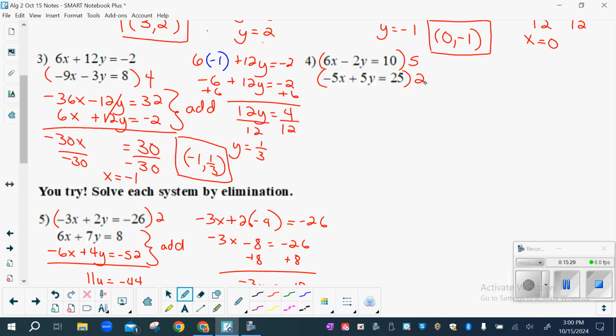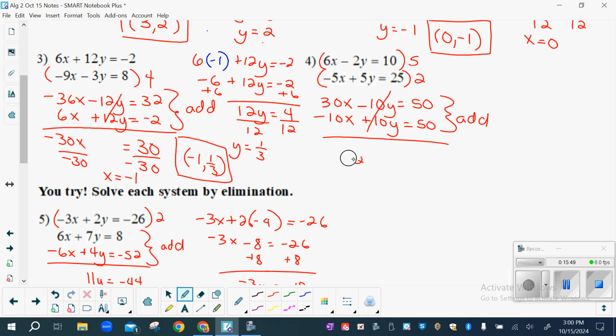So then I get 30x minus 10y is 50, and negative 10x plus 10y is 50. Then I add, and I get positive 20x is 100, and I get x is 5. Am I done? No. What do I need to do next? Plug it into either equation. Let's plug it into the first one.